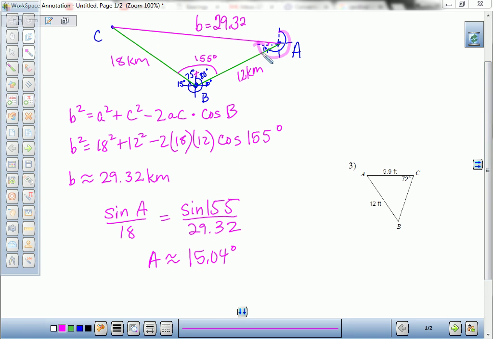So this entire angle, if this little part is 10 and the entire thing is 15.04, if I take away that 10, that tells me it's 5.04 degrees north of west. So with a bearing, I would just add that to 270, and I would get that this bearing is 275.04 degrees.